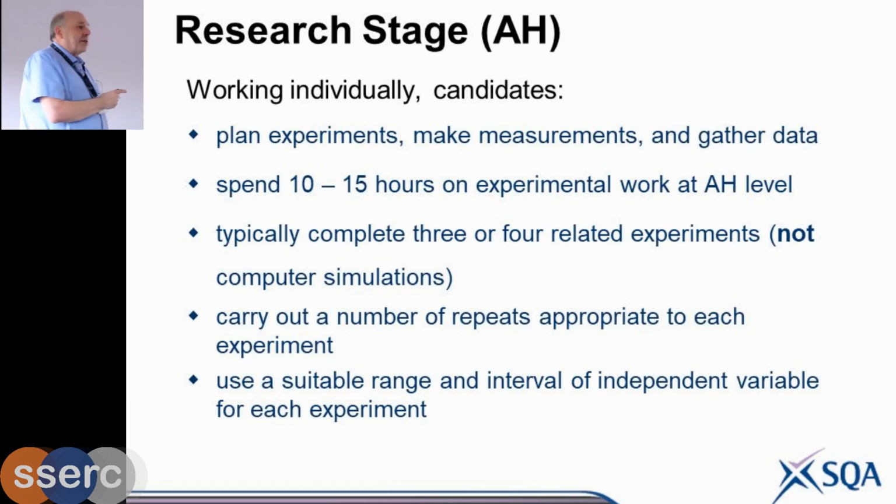I said typically 3 or 4 experiments. Occasionally you might end up having a candidate doing something whereby, after 15 hours they've managed two things. The one that always springs to mind is if you've ever had anybody doing Cavendish experiments properly, which takes hours and hours to get a decent set of results.